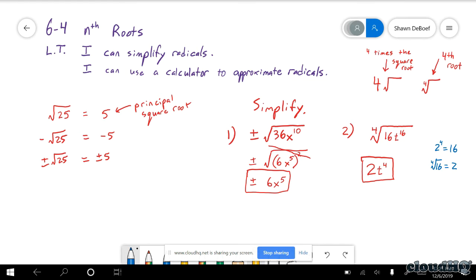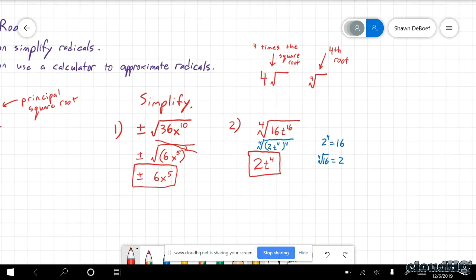I could have written the whole thing as a big power of 4. I told you I won't really plan on doing that, but here I am doing it on this problem. But I could have written it as 2, and then that would have to be t to the fourth, because we would multiply the 4 and 4 to get the 16. So really I'm using division when there was an exponent involved.